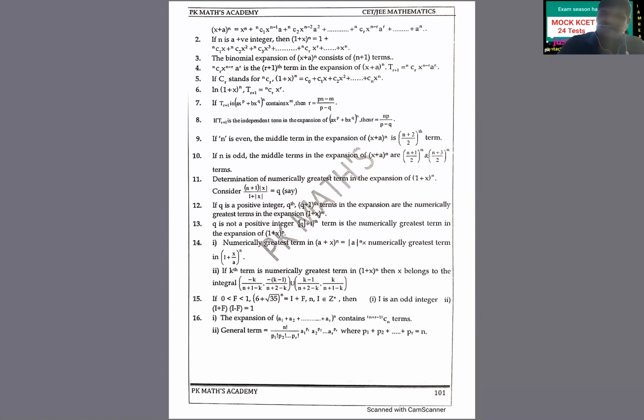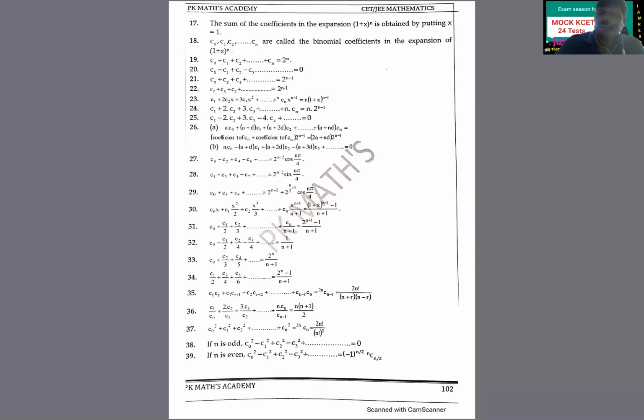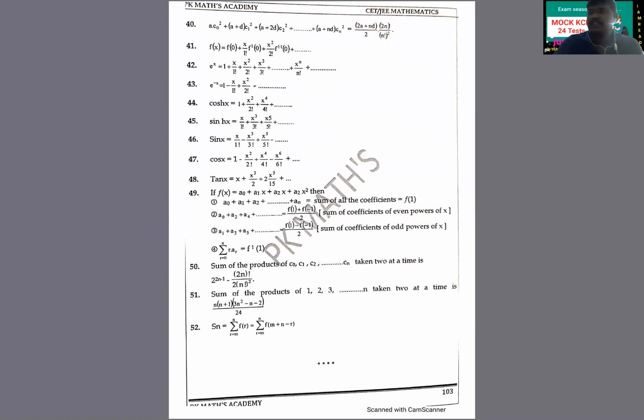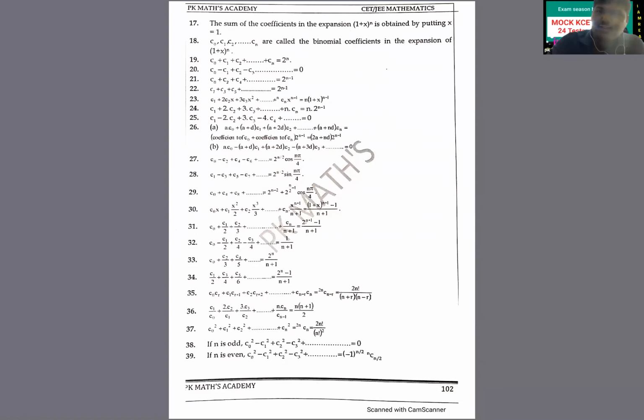You can remember these formulas. We'll start the problems; I cannot explain all. See, instead of nC0, nC1, nC2, they can use C0, C1, C2. That means nC0 only. Okay.